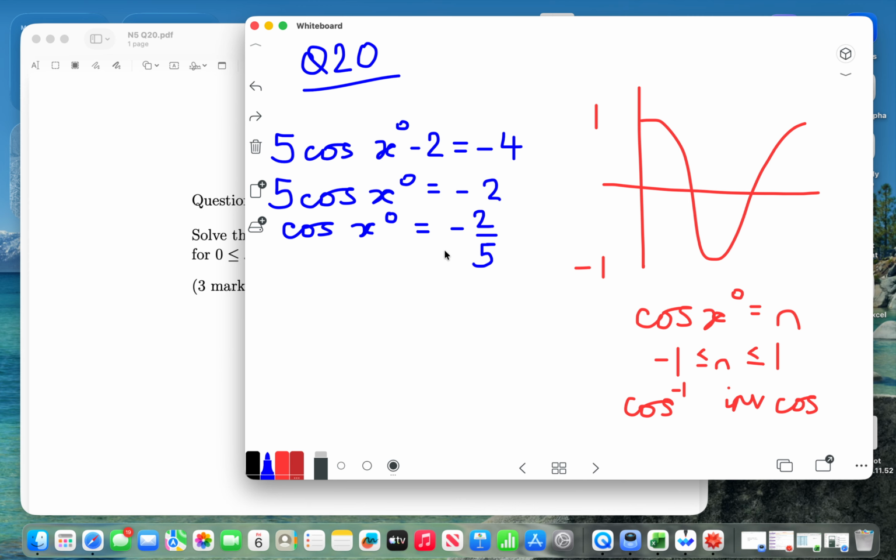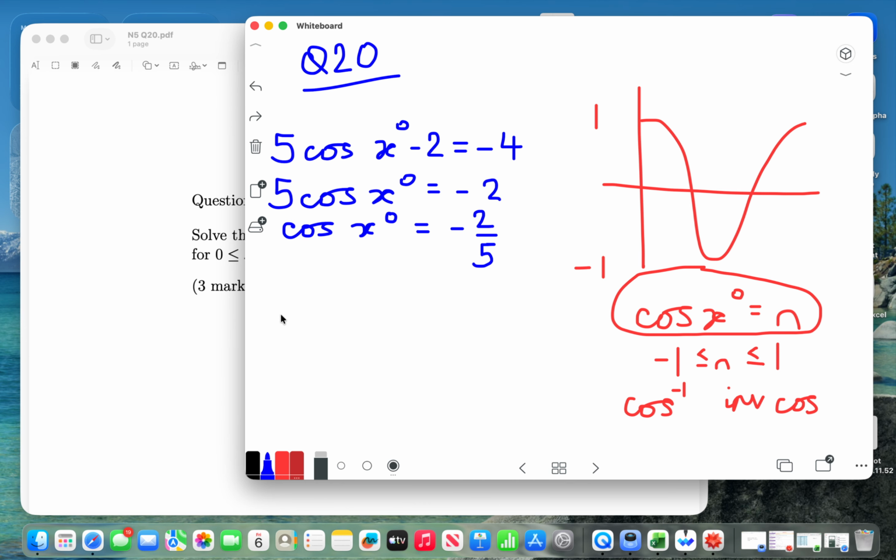Regardless of if this number is positive or negative, remember we get into this form with n. So regardless of if n is positive or negative, we take the inverse cosine of the positive, also known as the modulus.